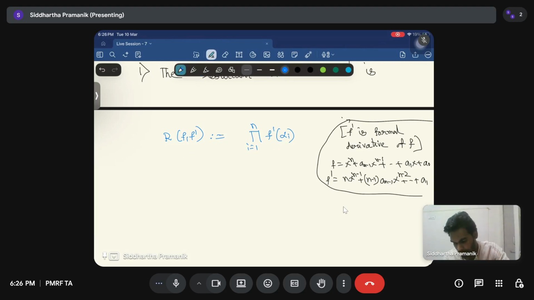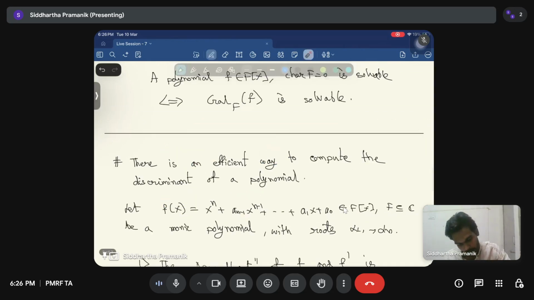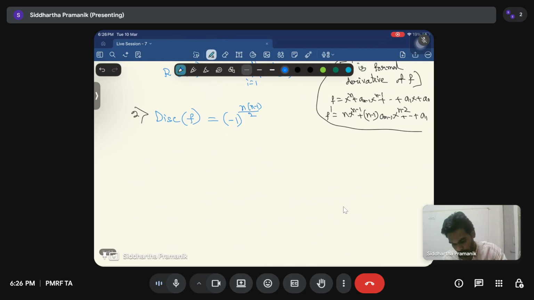And the second thing is, the discriminant of f can be written in terms of this resultant. So the discriminant of f is basically (-1)^(n(n-1)/2), where n is the degree of f, times the resultant.